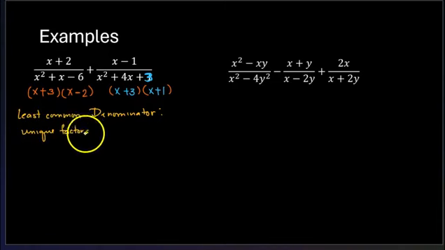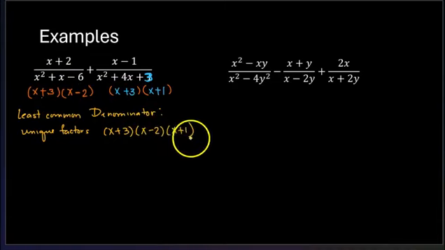So what are the unique factors? It's x plus 3, right? It's unique. And you have x minus 2 and x plus 1. So that means this will be your LCD. Each of the factors there should be represented in your LCD, the unique factors. Okay?